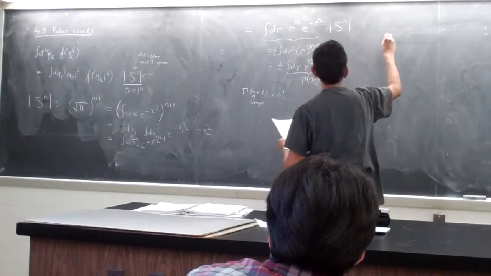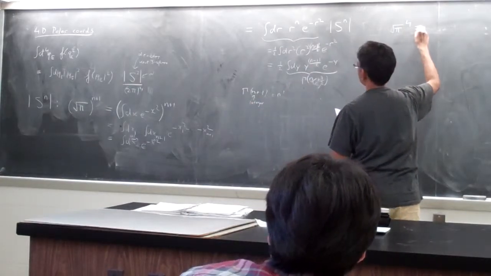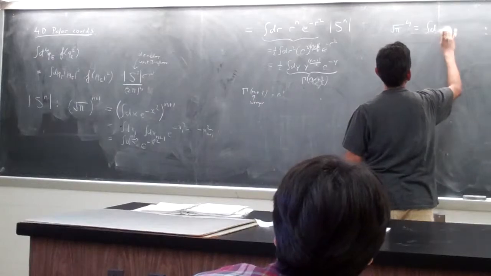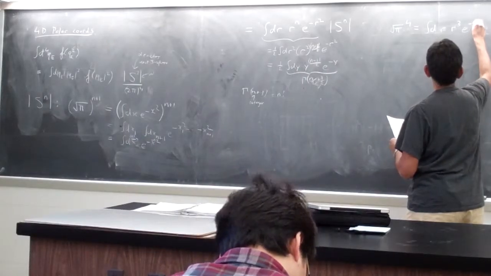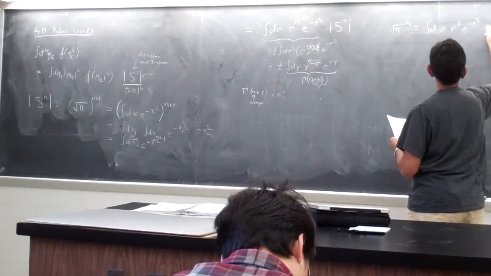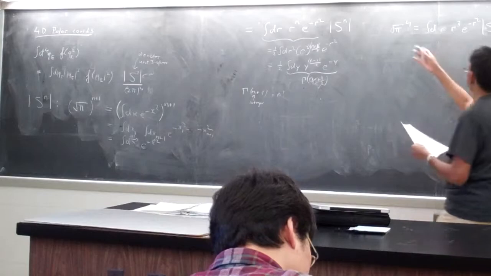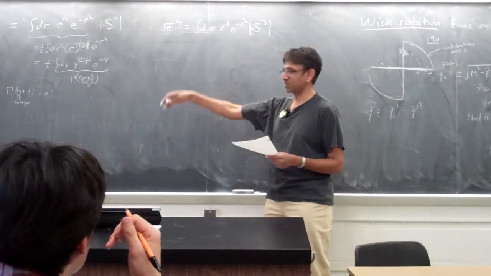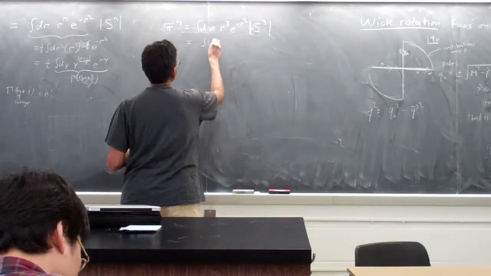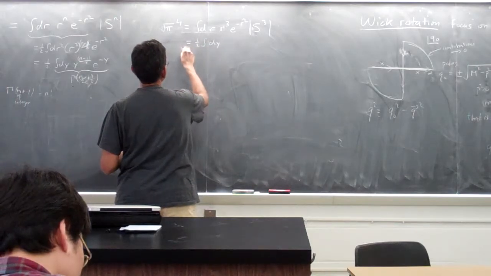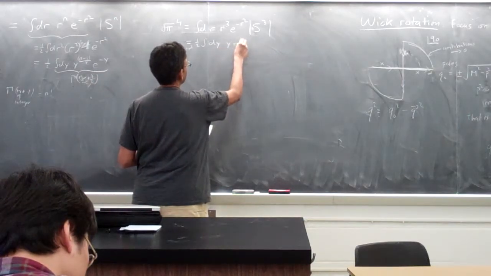We need to write root pi to the n plus 1 over 4 is equal to the integral dr r cubed e to the minus r squared, for S3. Okay, this is easier because I'm not going to talk about the general case, I'm just going to do this one, then we'll be done. This is equal to the integral dy, where y is equal to r squared, y e to the minus y.